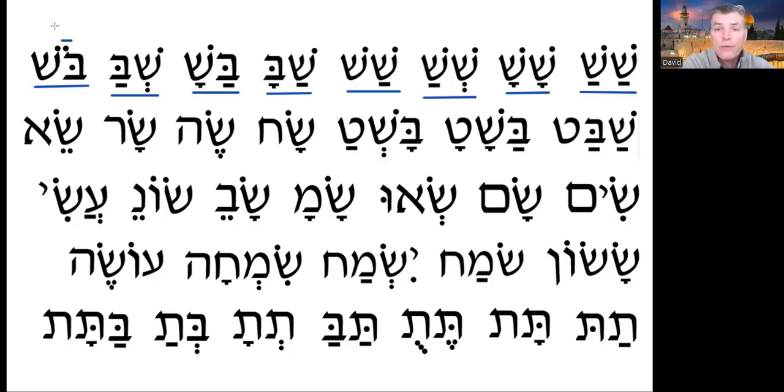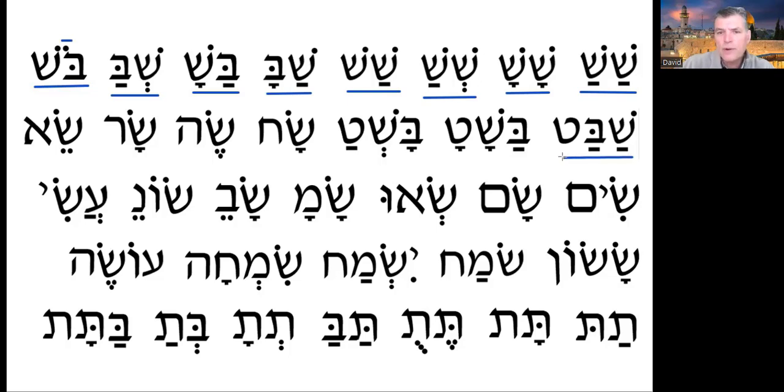The cholam vav would be the fuller form of the same vowel, and the cholam kal, cholam defectiva, also makes the same sound O, but it's missing the vav. Let's go to line 2.